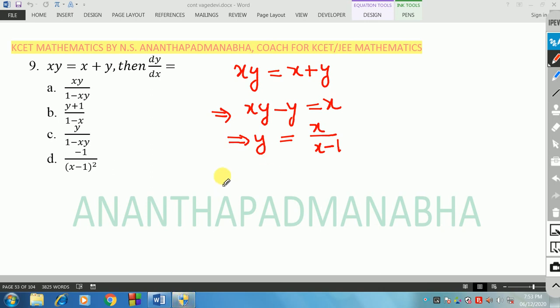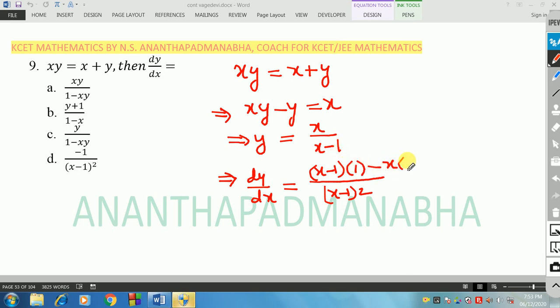Now it is easy for us to differentiate this with respect to x using the quotient rule. In the denominator we will have x minus 1 whole square, and in the numerator x minus 1 into d by dx of numerator minus numerator x into d by dx of denominator.